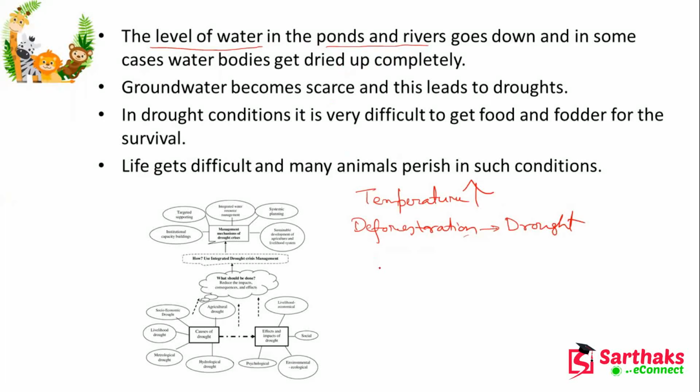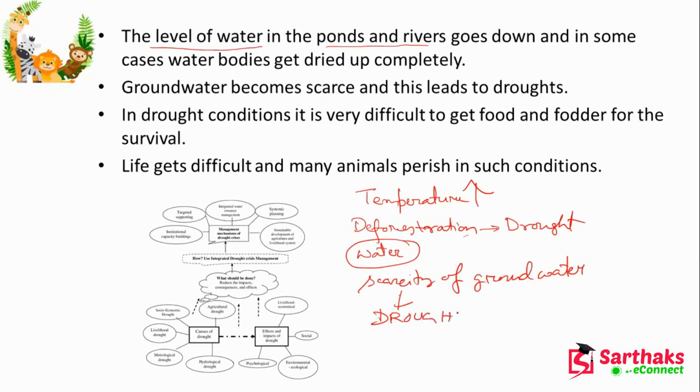Water is very necessary for any human being or animal to live, but they cannot get it. So groundwater becomes scarce, scarcity of groundwater arises, and this leads to the drought.